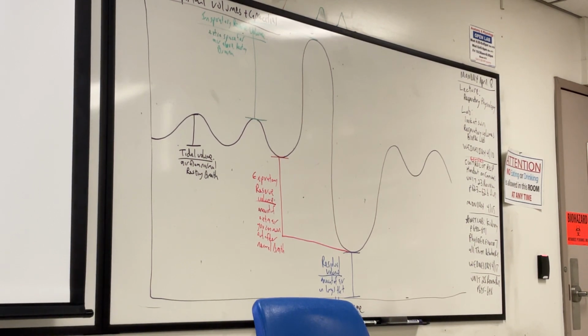All right, let's throw some meaningless numbers at these. As I mentioned, our tidal volume is the amount of resting air moved into and out of your lungs during a normal resting breath, and it's about half of a liter.